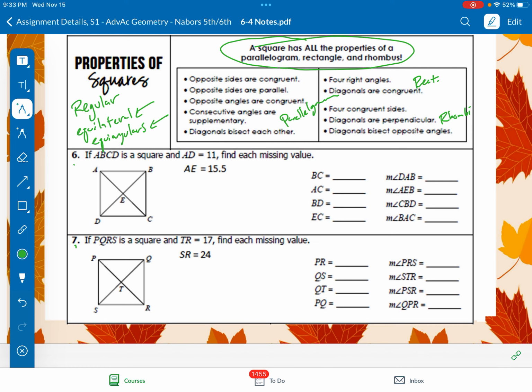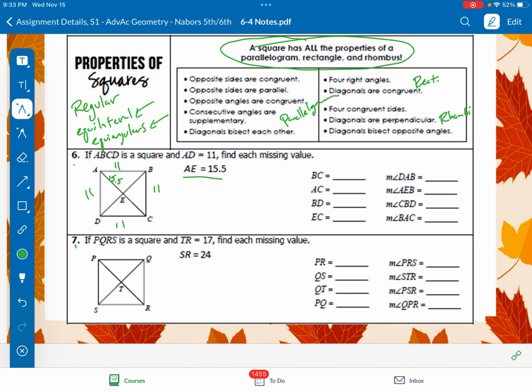So let's look at this. If ABCD is a square and AD is 11, find each missing value. I think last year we didn't do the Pythagorean theorem, so it makes this a lot easier. You don't have to use the Pythagorean theorem. Anyway, if AD is 11, that means AB is 11, which means BC is 11, which means DC is 11.